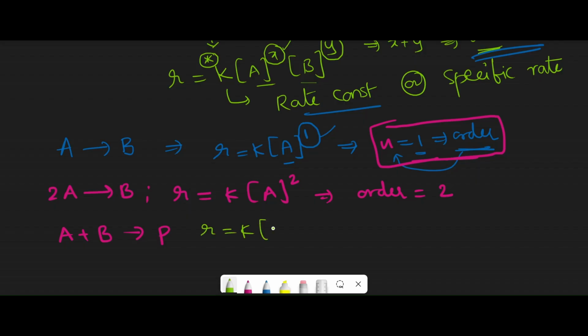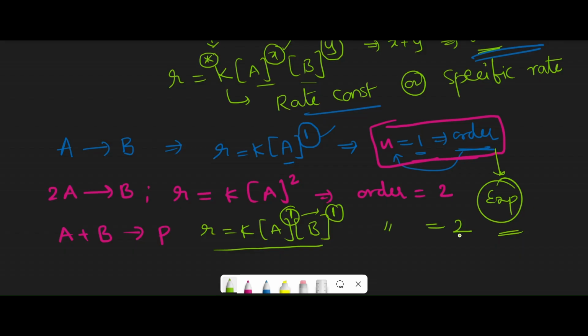As per the rate law, K into A into B, the order of the reaction will once again be 2. Why? Because of the sum of the powers according to the rate law, right? But don't expect the order to be equal to the sum of the stoichiometric powers every time. Actually, this order can be calculated experimentally, not theoretically.